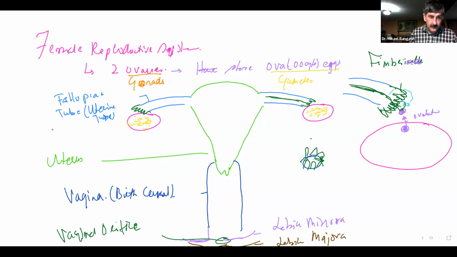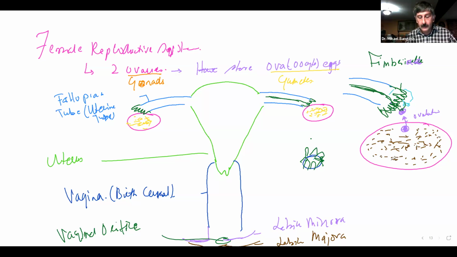Now, just one thing before we proceed. What the ovary actually has is a lot of these smaller bodies, which are called follicles.